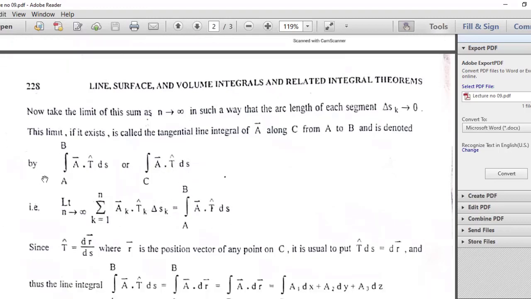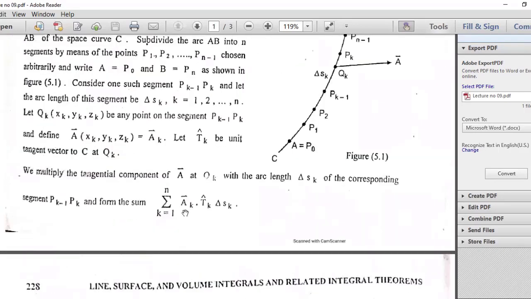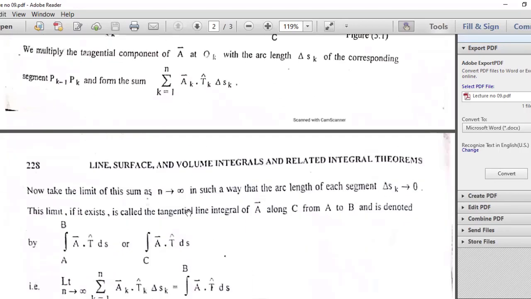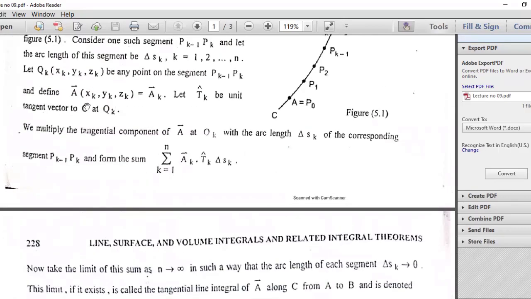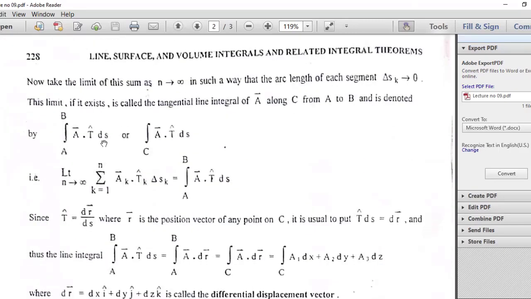How we obtained this relation, in detail: I write the limit as n goes to infinity. When we apply the limit on this, we obtain the integral from A to B of A dot T ds, where Ak becomes A, Tk is general T, and delta sk is ds.